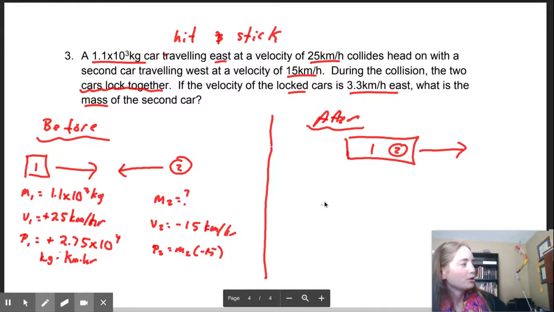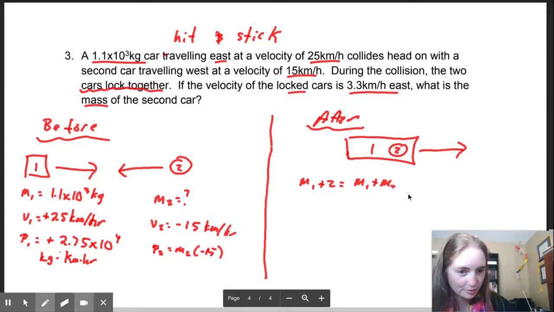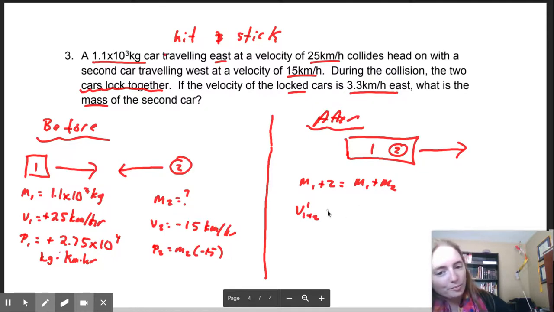So M1 plus 2, what is that? We don't know. So it's M1 plus M2. We're just going to leave it like that for now. V 1 plus 2 prime is going to be 3.3 kilometers per hour.